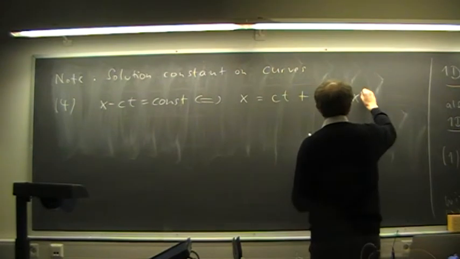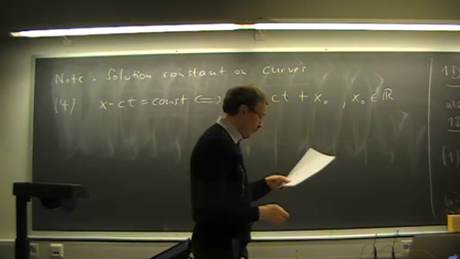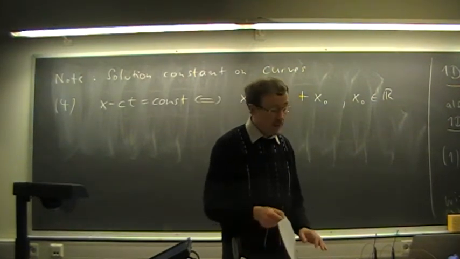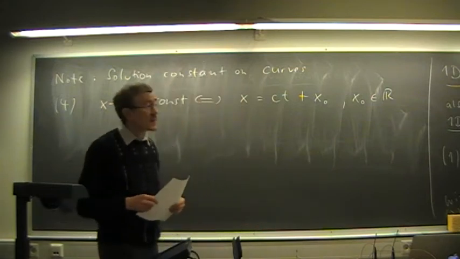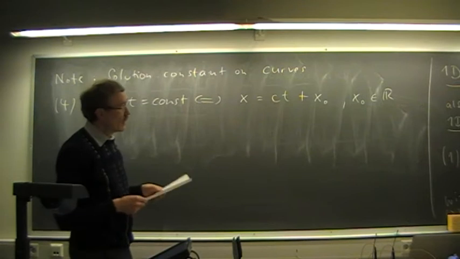So if x0 is this constant, that is something. And these curves have then the slope c. They have the slope of the advection velocity.